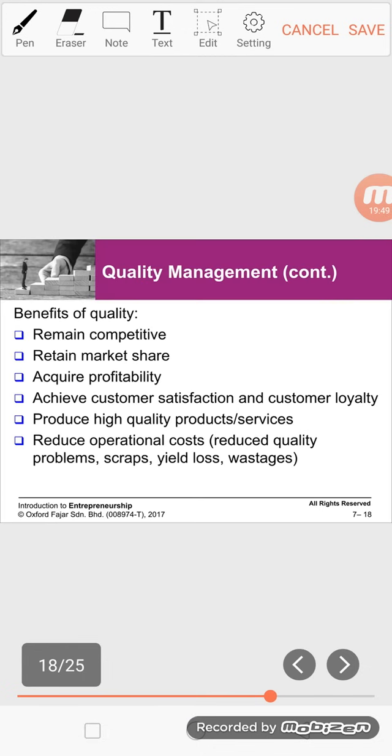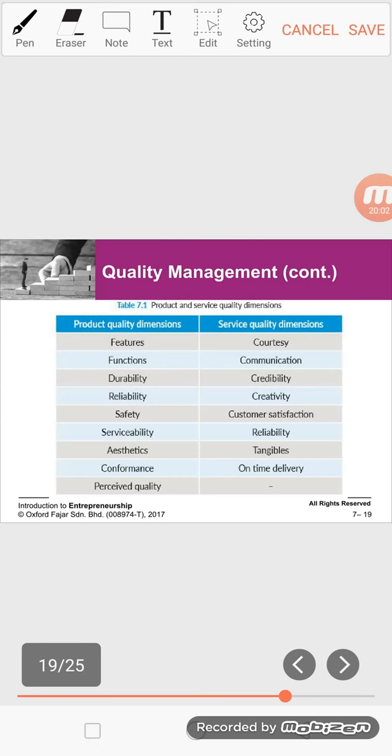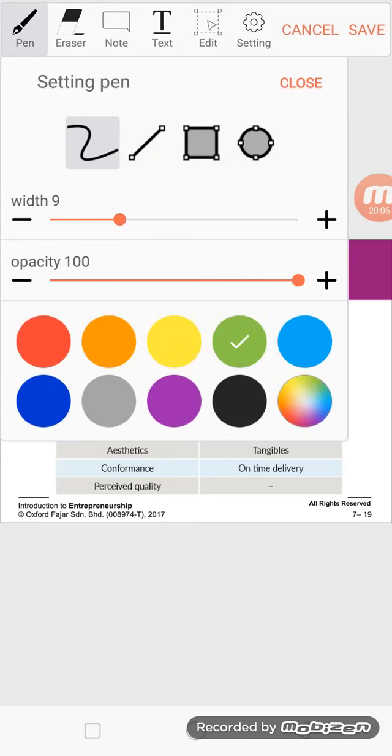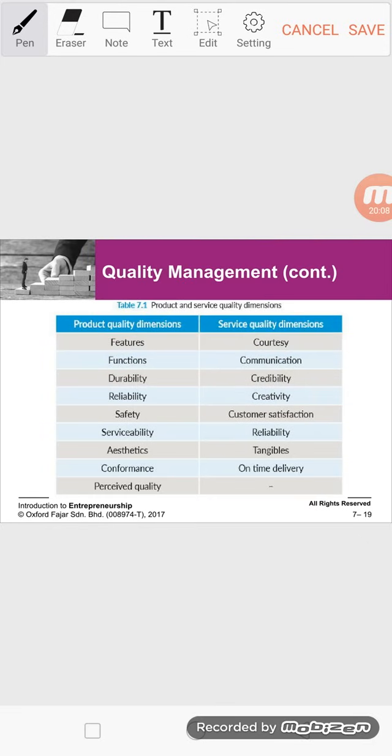Okay, so these are the advantages of when we keep our product ataupun services in top quality. Okay, so kita boleh baca kat sini. Okay, so ini yang bagusnya is because dia tunjukkan product, quality, dimension and also service.